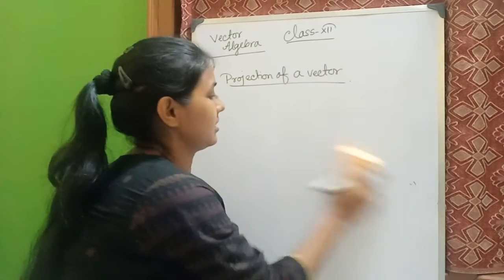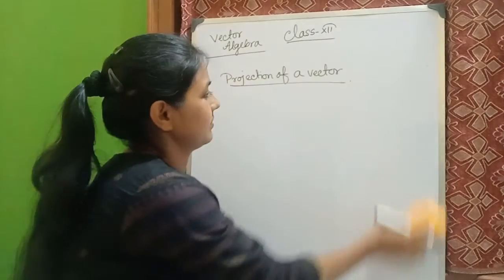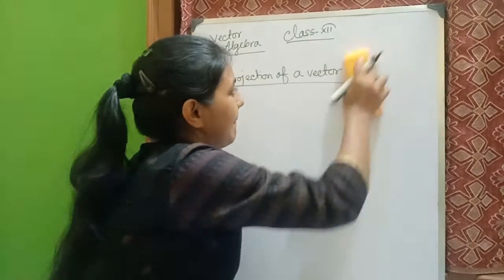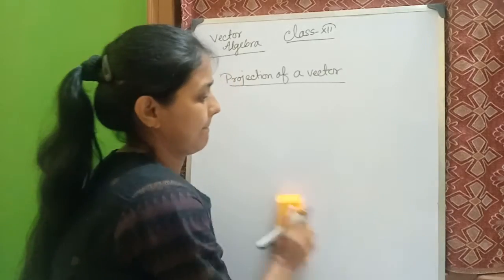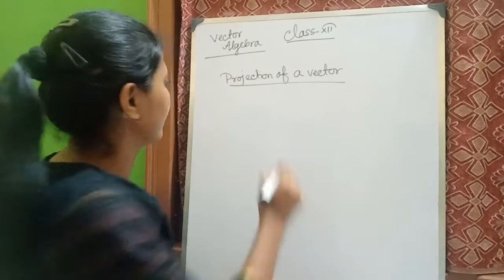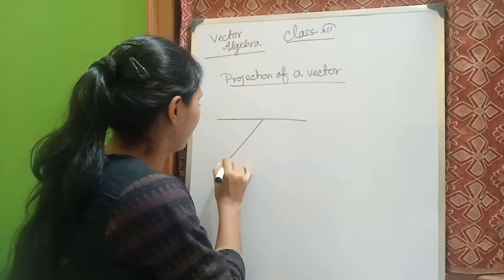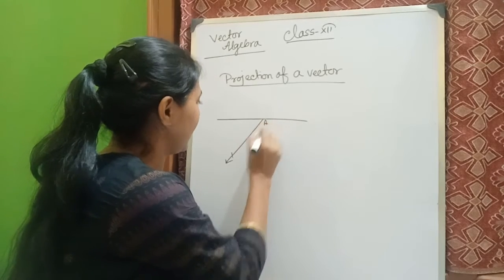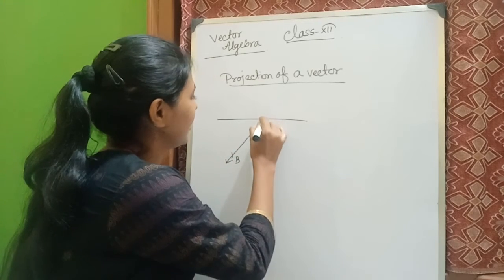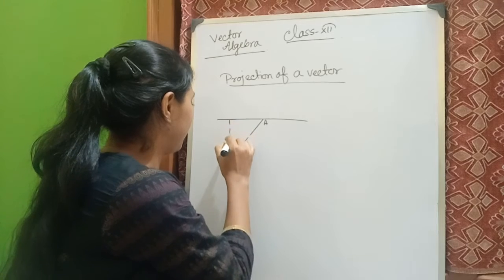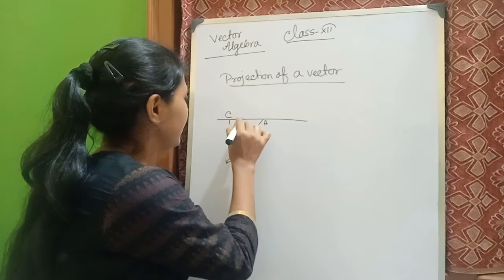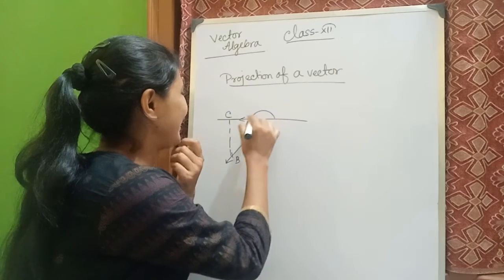Then there is another one. Think about the line like this. This is A, this is B. This will be C, AC like this. Theta is this one.